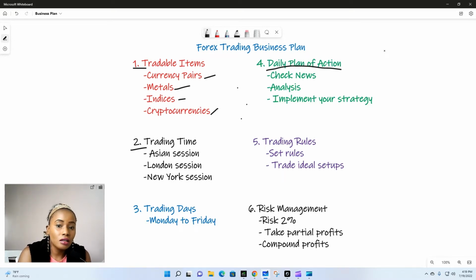The first thing is look at the currency pair. If your currency pair is maybe Euro USD, you might want to know what's happening in Europe. If your tradable item is paired against the USD, which is America, you want to know what's happening in America. Do they have any activity going on in America?